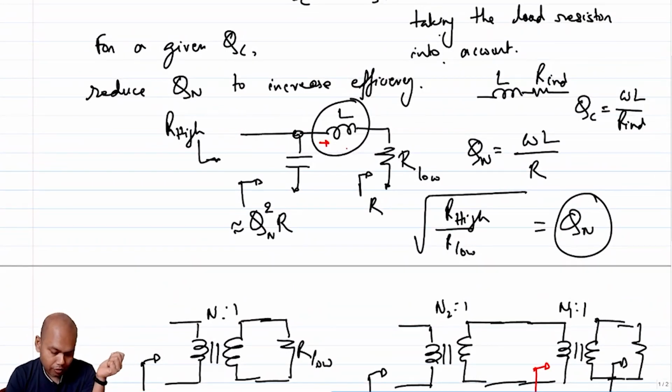You are saying that I want to have a lot of drop across this inductor, correct? You are essentially storing a lot of energy across the inductor. Or if instead of an inductor I have a capacitor, you are storing a lot of voltage across the capacitor, hence half CV squared will also be quite large, right?